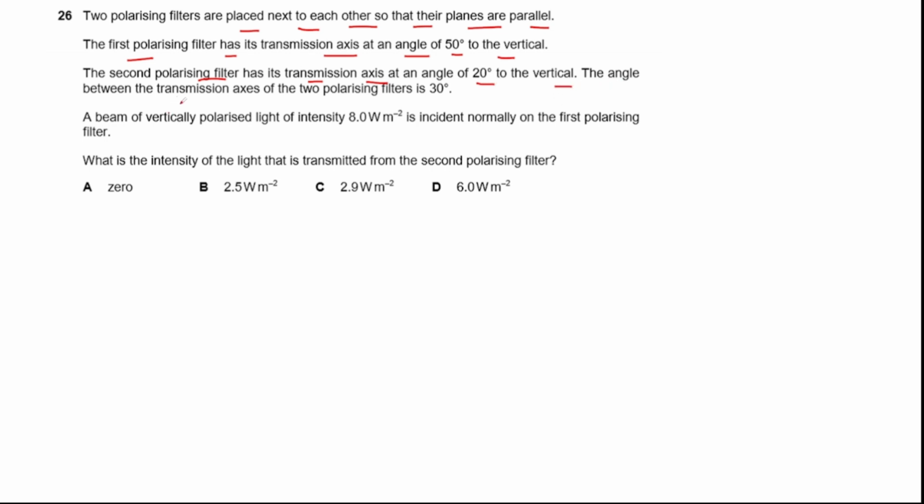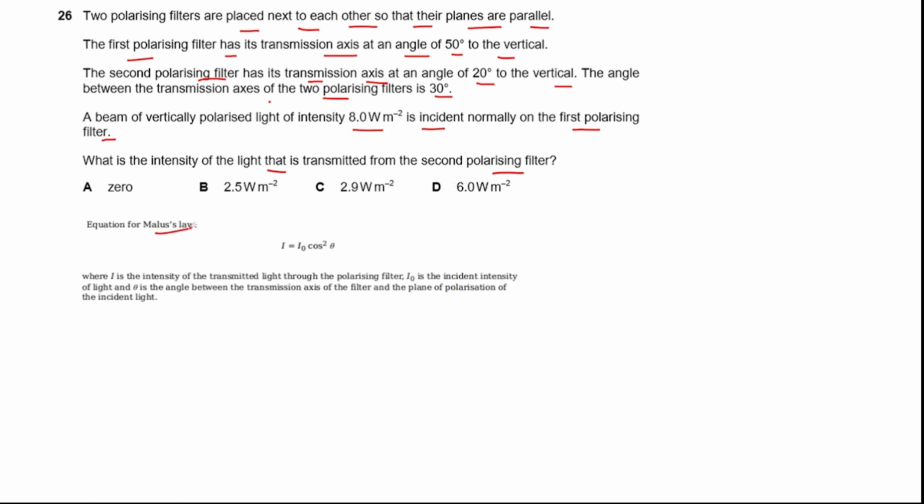The angle between the transmission axes of the two polarizing filters is 30 degrees. A beam of vertically polarized light of intensity 8 watt per meter square is incident normally on the first polarizing filter. What is the intensity of the light that is transmitted from the second polarizing filter?